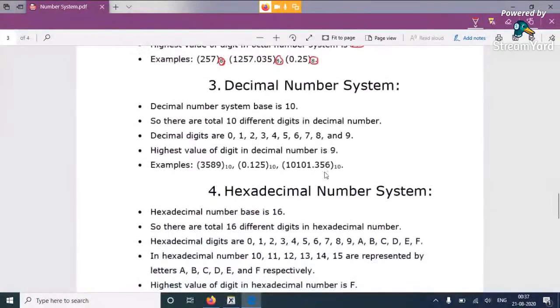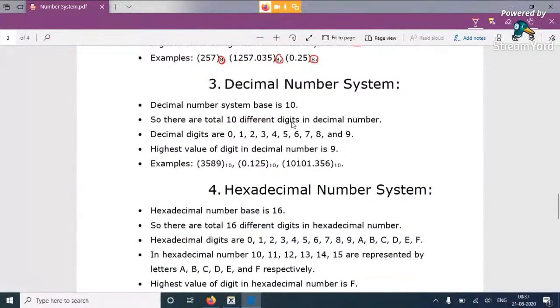Now the decimal number system. The decimal number system has base 10. So there are a total of 10 different digits. We use the decimal number system in our daily life. The 10 different digits are 0, 1, 2, 3, 4, 5, 6, 7, 8, and 9.